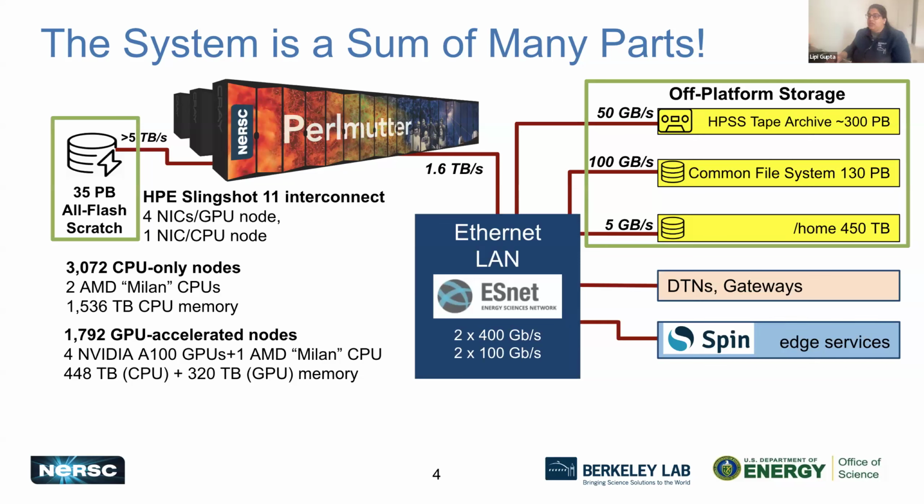One is what we consider our local storage option, which is called Scratch. It's an all-flash system. It's 35 petabytes, and it is basically hardwired into the system, so the data rate that it can handle is 5 terabytes per second. So this is a huge amount of data. I mean, a terabyte is massive, right?